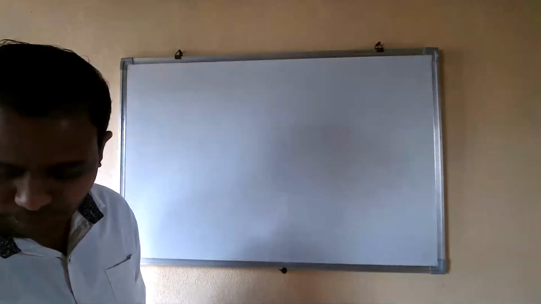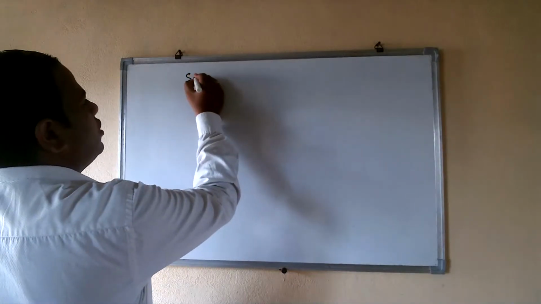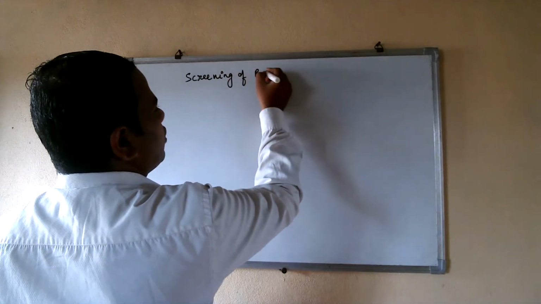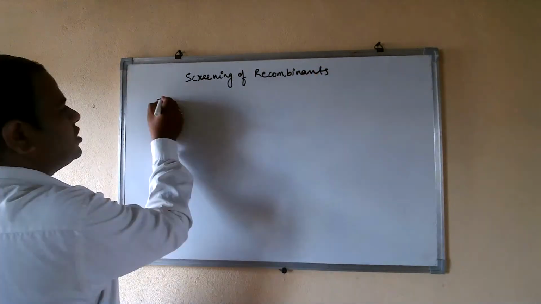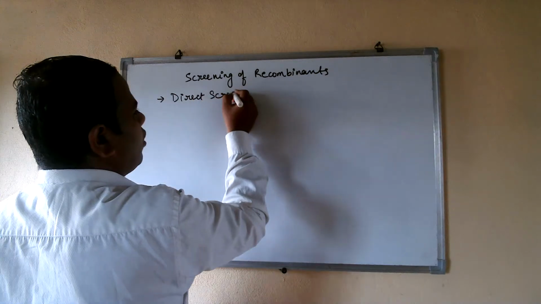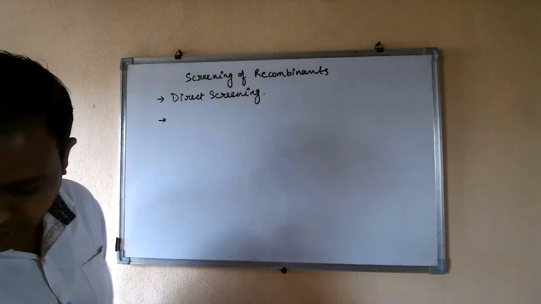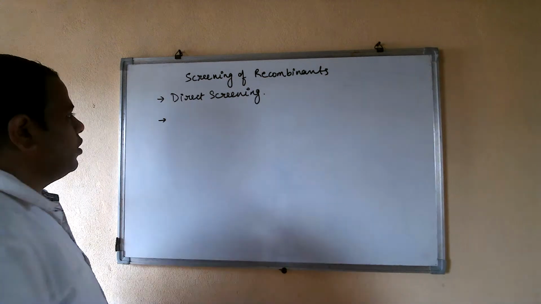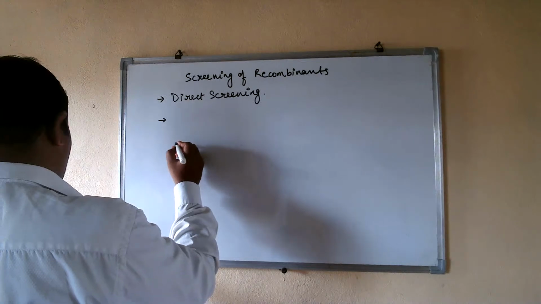First of all, I'll be telling you what screening methods we are going to see in the screening of recombinants. First screening that we are going to see is direct screening. Then the second is insertional inactivation.